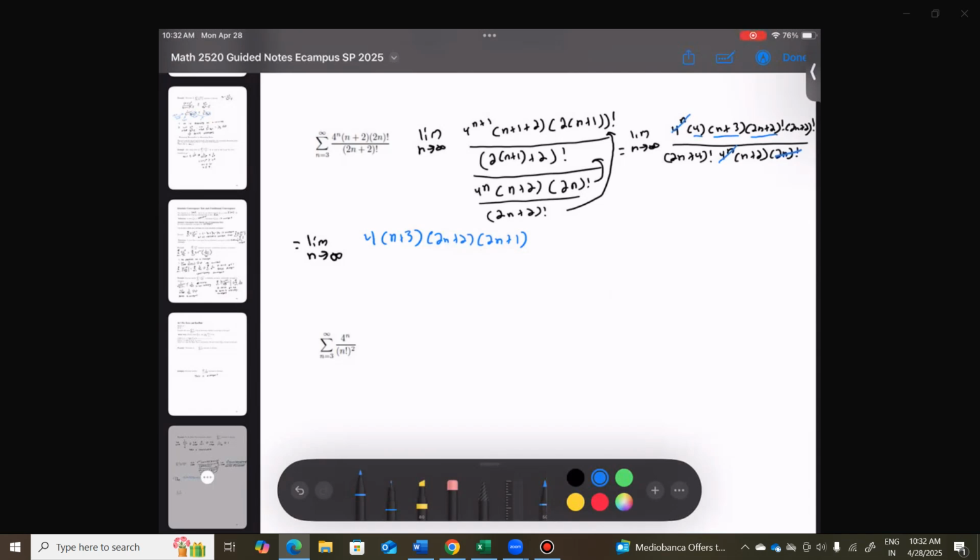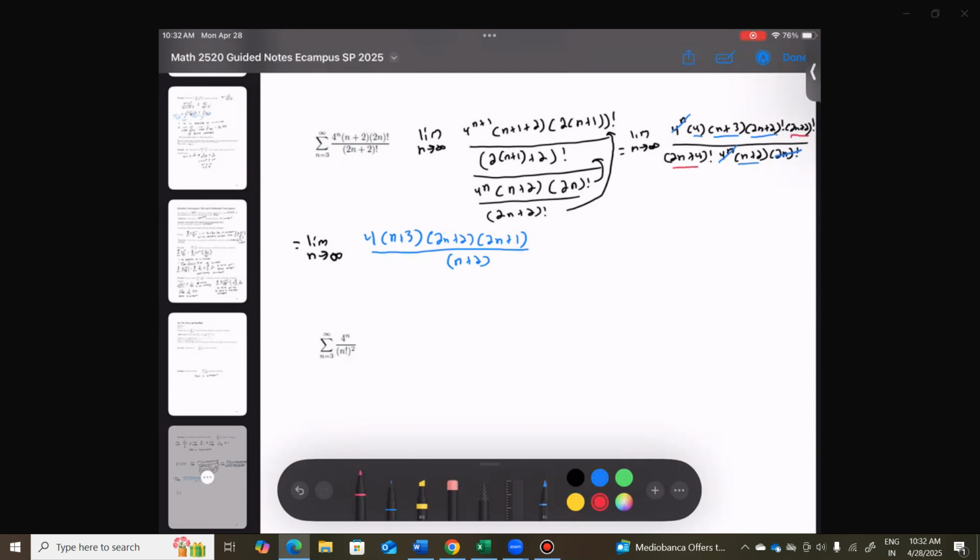Let me double check where I'm at. Okay, so then on the bottom we have n plus 2. Okay, now for the bottom and for the top, notice the one thing I haven't covered is this term and this term.